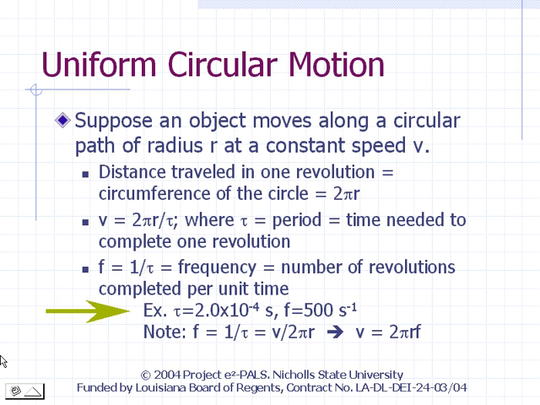For example, a period of 2.0 times 10 to the negative 4 seconds corresponds to a frequency of 500 revolutions per second. Note that we can calculate the speed directly from frequency. The speed is equal to the distance traveled per revolution, which is 2 pi r, times the number of revolutions per unit time, f.